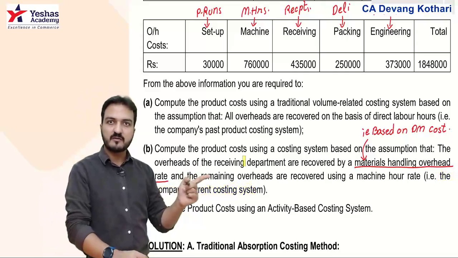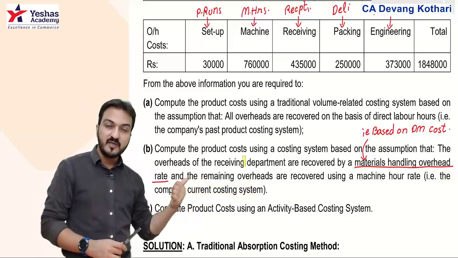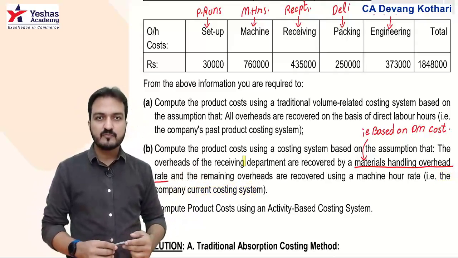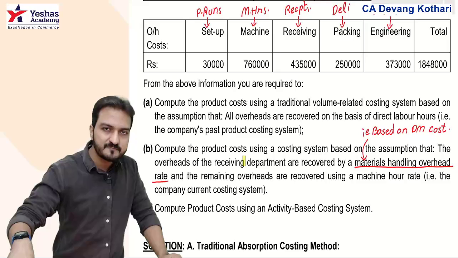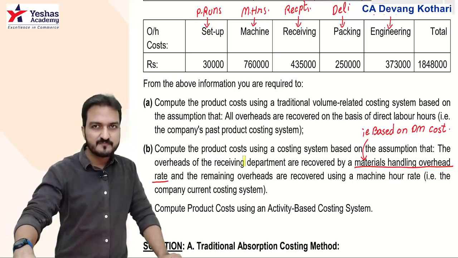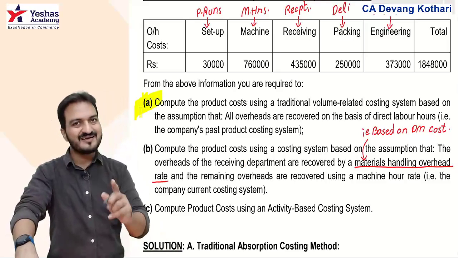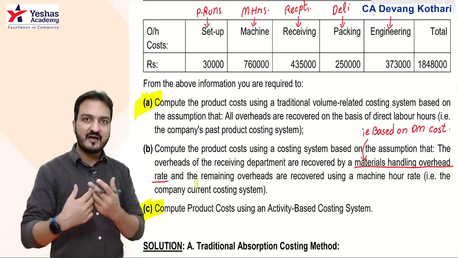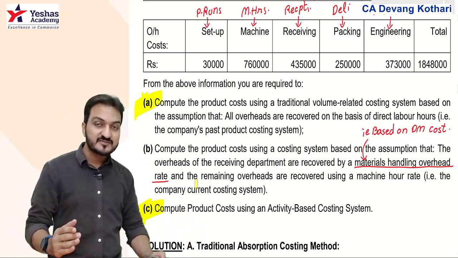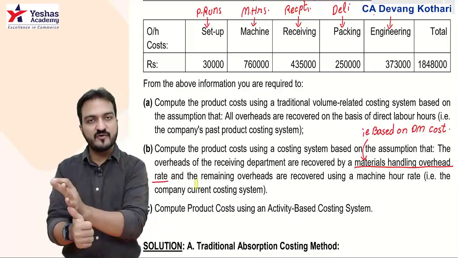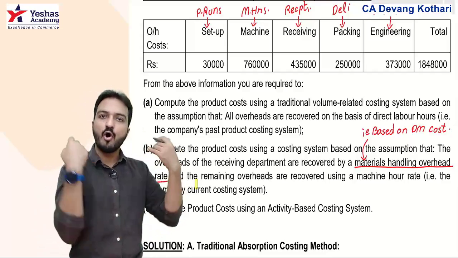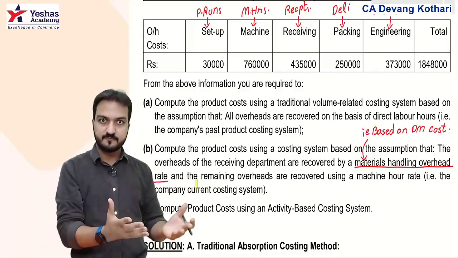This is the kind of mixture they are asking. So as per part B, they're asking you to make how many absorption rates? Two absorption rates. Part A, you had one single rate. Part C, you did 5 different rates. Part B, they are asking you to make only 2 absorption rates, a separate rate for receiving activity and a separate rate for all other activities together.